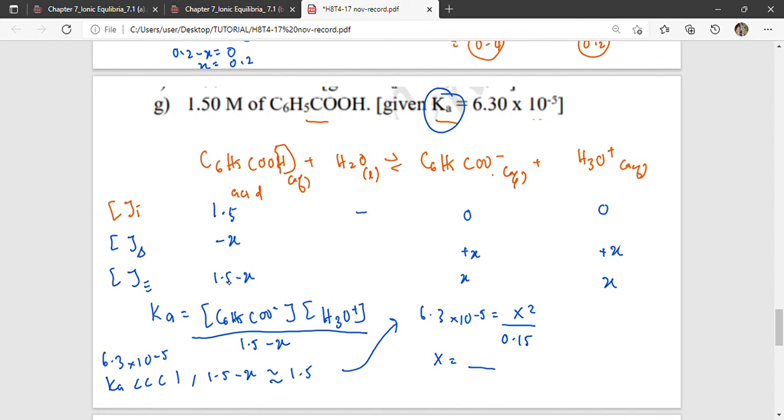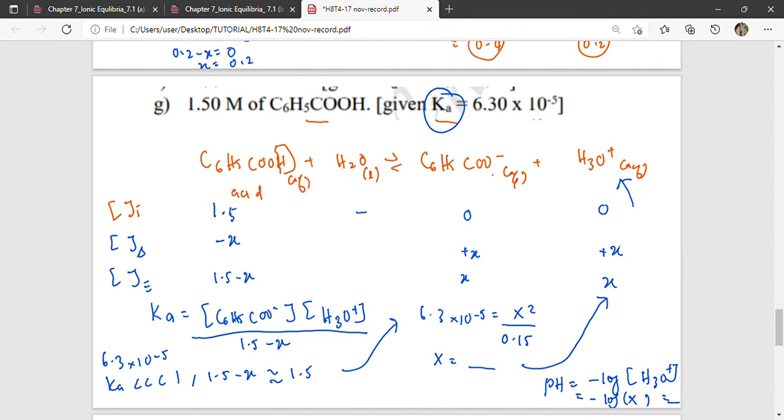The value of x is the same as the concentration of H3O plus. So pH is equal to negative log of the concentration of H3O plus, or negative log x, and you solve for the value of pH.